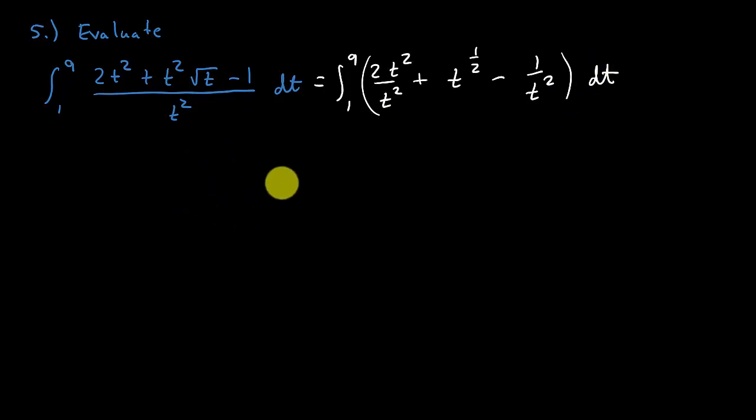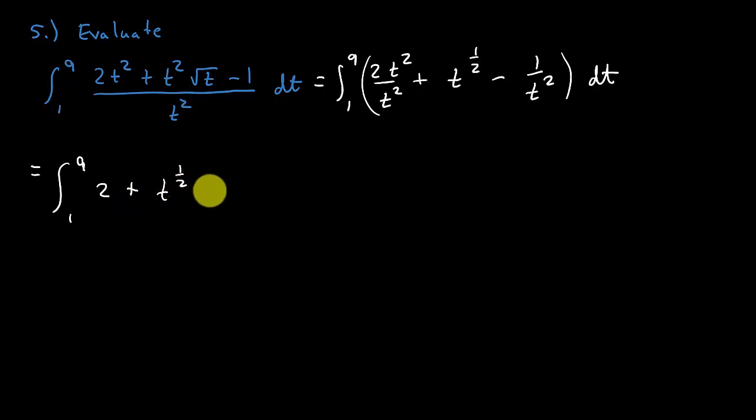All right, so I still have to do some more rewriting, because remember, all I know how to do is integrate t to a power. So this is going to give me the integral from 1 to 9. Here the t squareds cancel, so I'm left with 2, plus, now the t to the 1/2, that's fine.